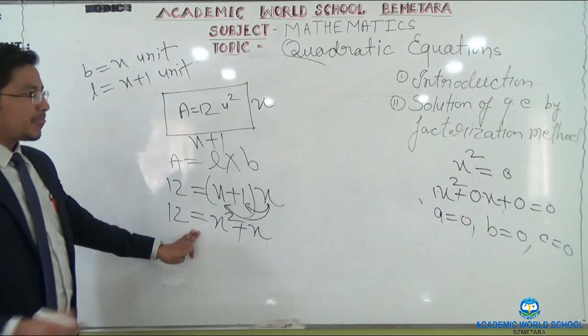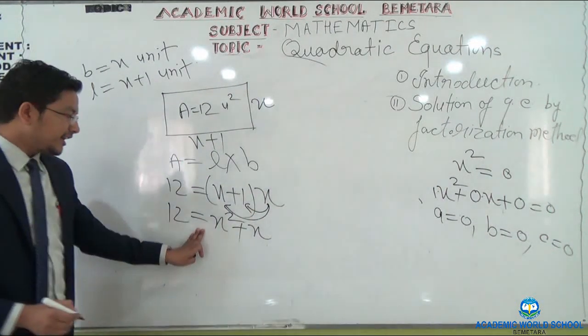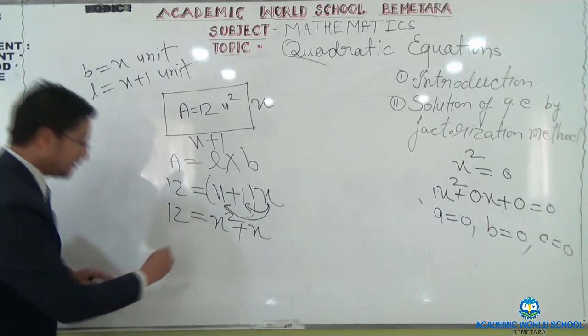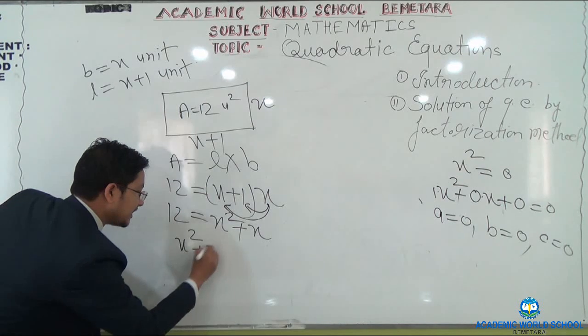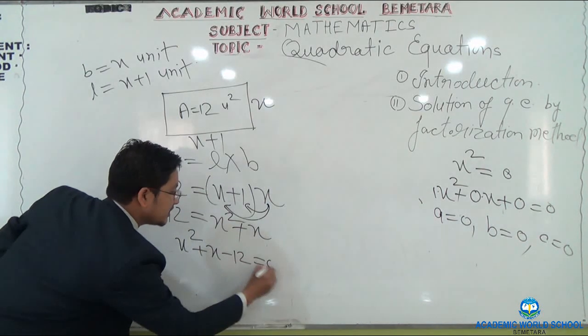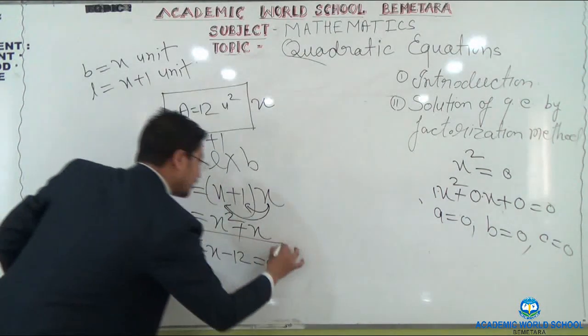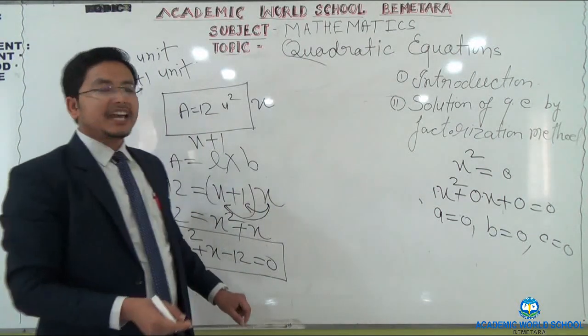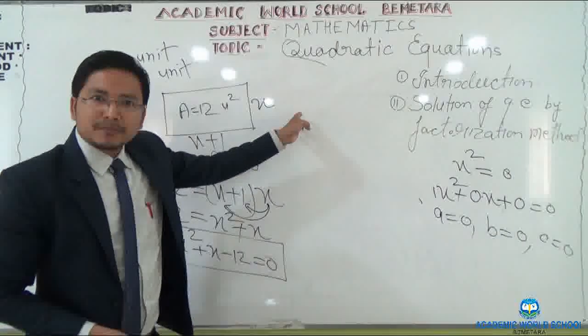Now I am going to form a quadratic equation. If I transfer this 12 to this side, it becomes x square plus x minus 12 equals 0. This is the quadratic equation we have formed with the help of the given word problem.